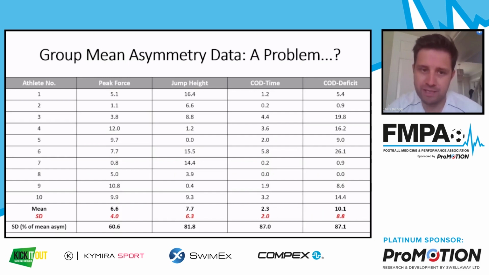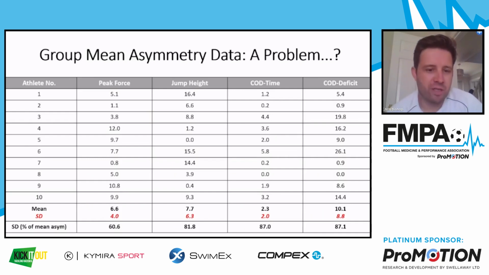We've got a strength test, the unilateral isometric squat, unilateral counter movement jump height, and 5:05 change of direction time, bearing in mind you can turn off the right and the left leg, so these are asymmetry numbers for total time. And then the change of direction deficit asymmetry, bearing in mind we also had a 10-meter sprint in order to calculate the COD deficit from the 5:05 test.